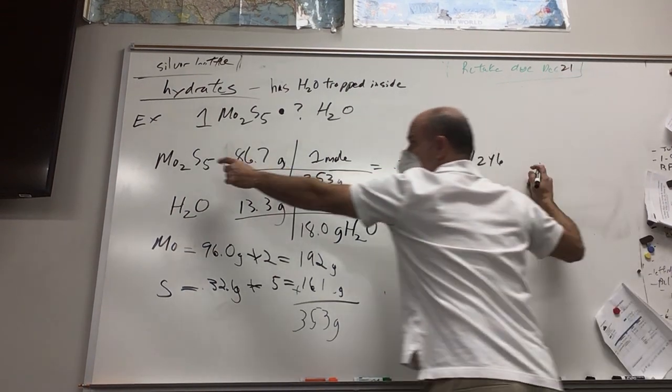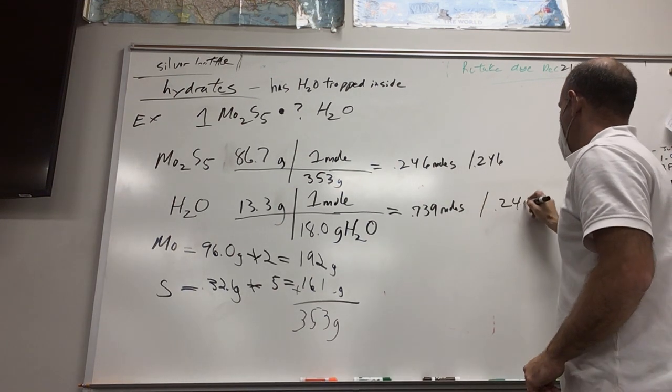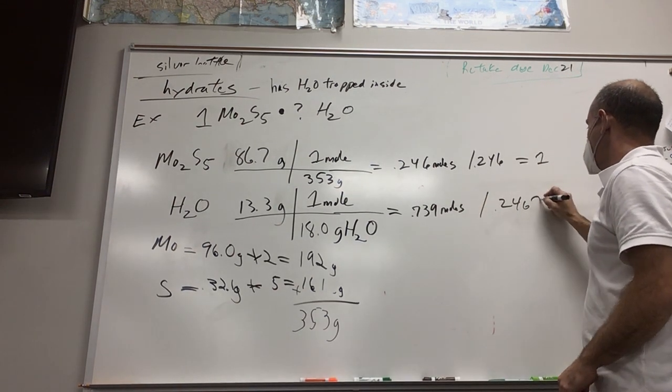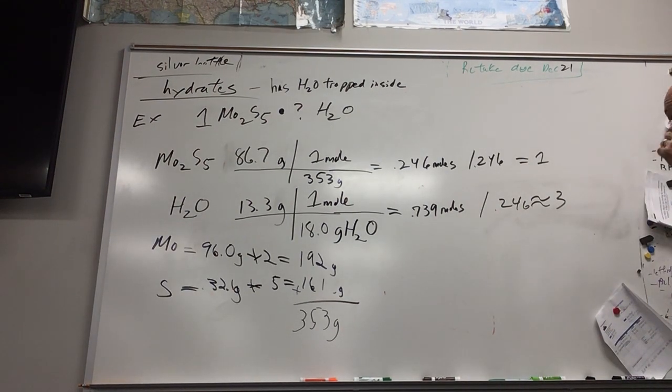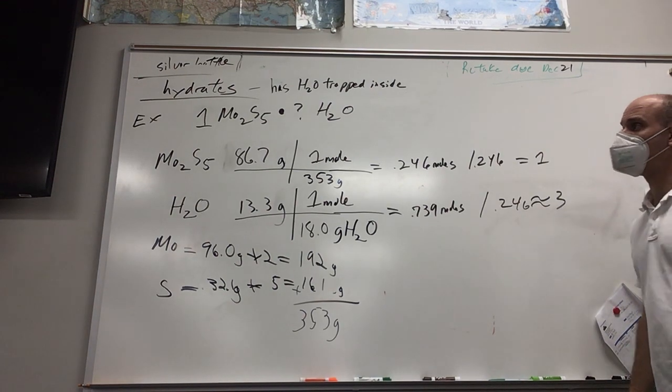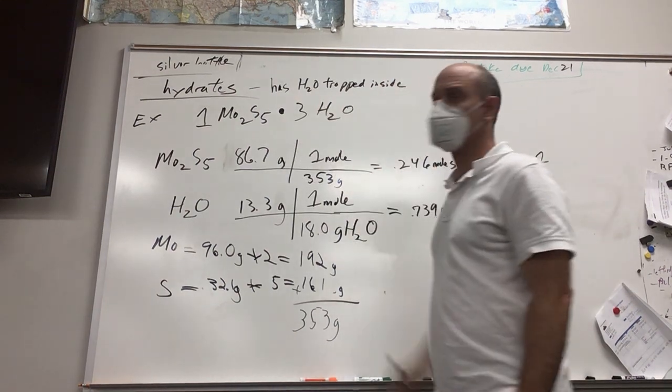So this one is always going to be the smaller one. And when I divide, I get 1 to 3. So that's going to be my ratio then. So for every 1 molybdenum sulfide, there's going to be 3 waters trapped inside.